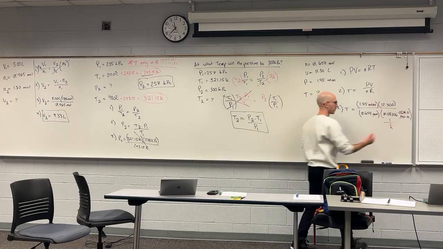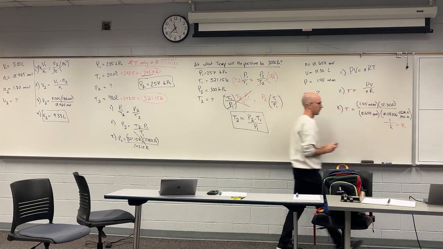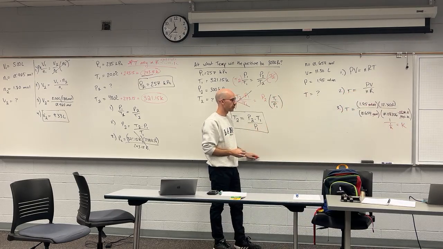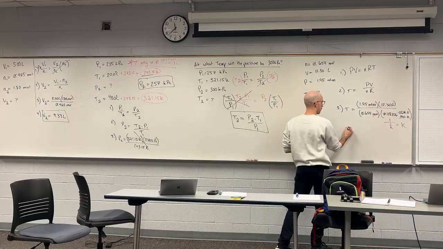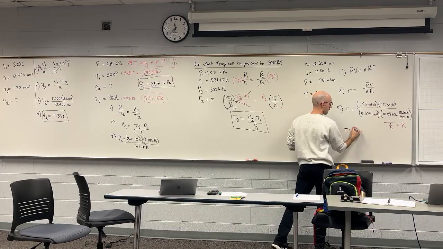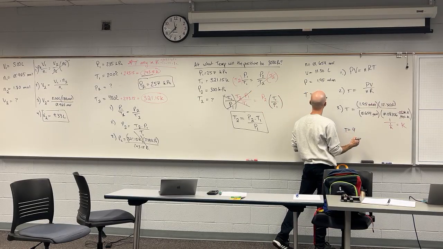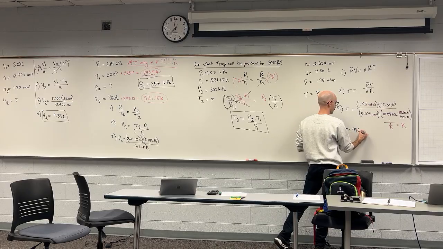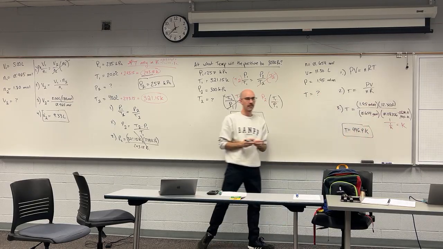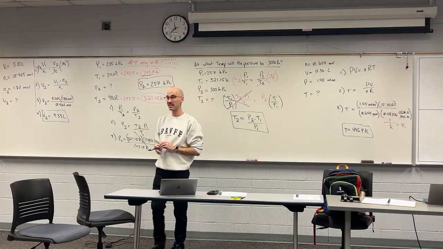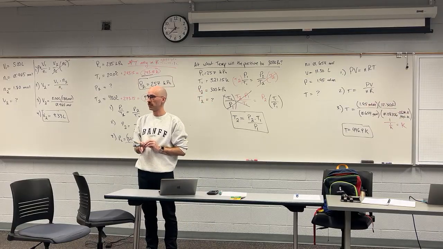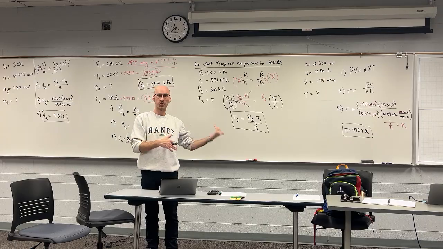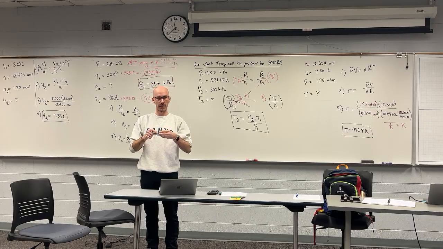Yeah? Two wrongs make a right. What did you guys get when you plugged this all in? 446.9 Kelvin. And if we wanted to convert that into Celsius to make it more digestible, we would subtract 273.15 Kelvin.